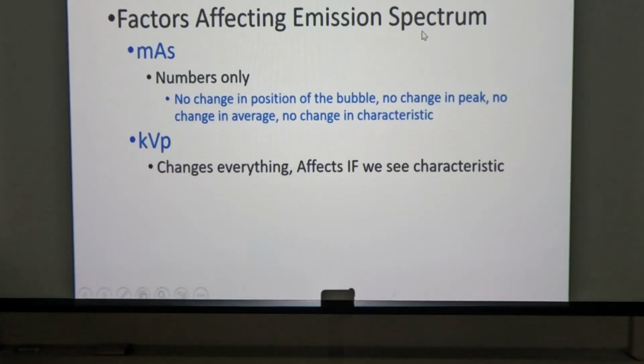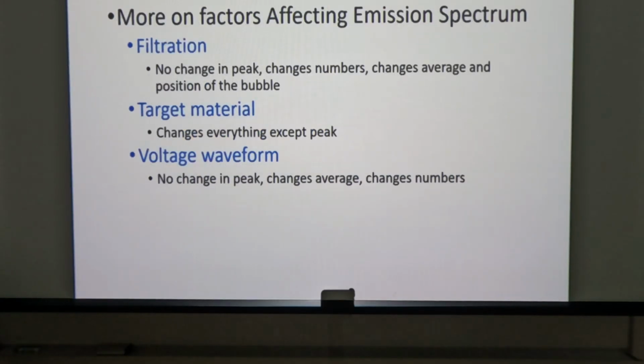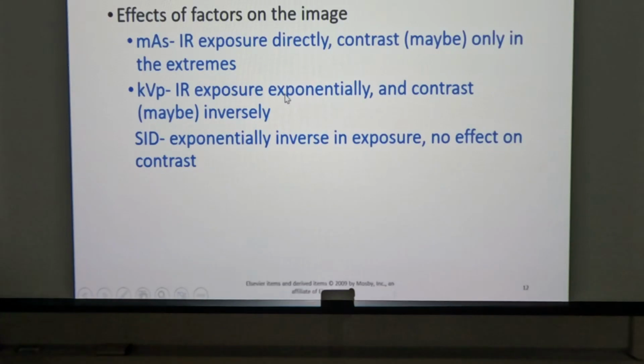So factors affecting the emission spectrum pretty much are going to be the things we talked about for the first test: your kVp, your mAs, your filtration, and your machine phase. Target material as well.